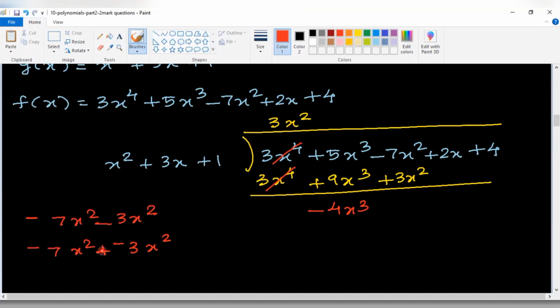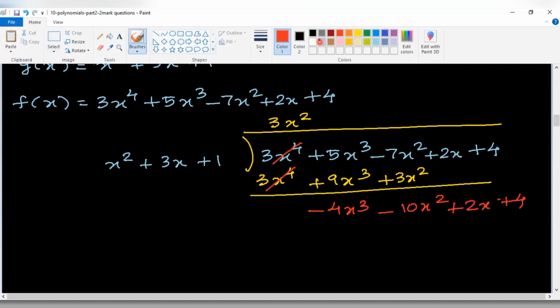So that is the simple logic. See, now we are adding two negative numbers. So the answer should be negative. Just add the numbers 7 and 3. So 10. So minus 10x square will come here. Then 2x and 4 don't have any pair or like terms. So just take that. Okay. So sorry, 2x is only there. 2x plus 4. Okay. So we have to continue our division.